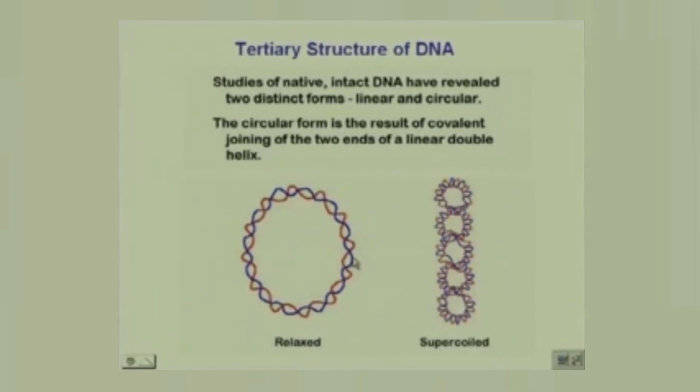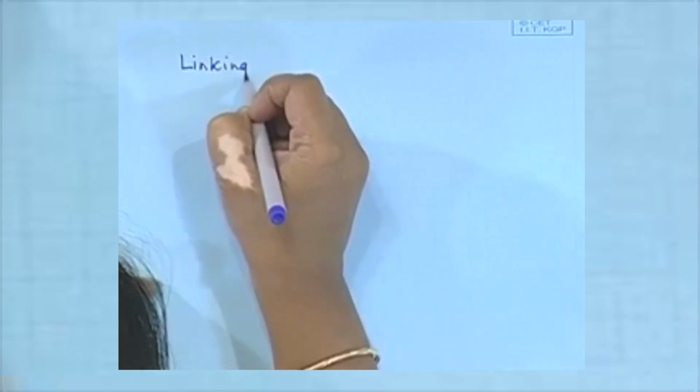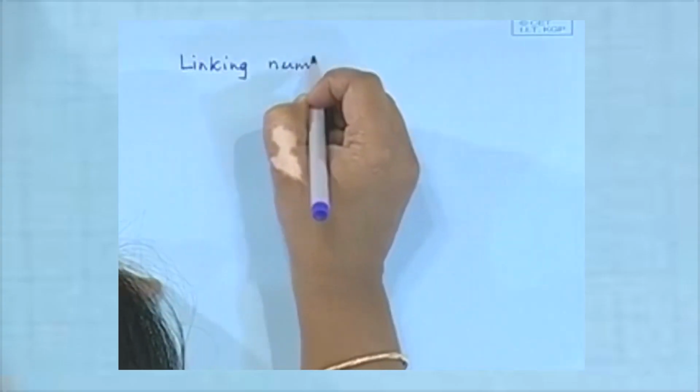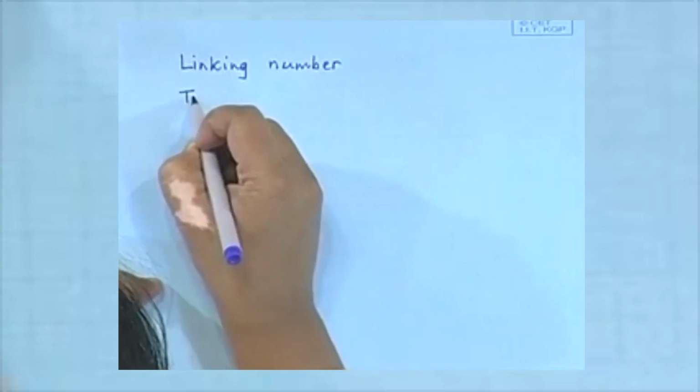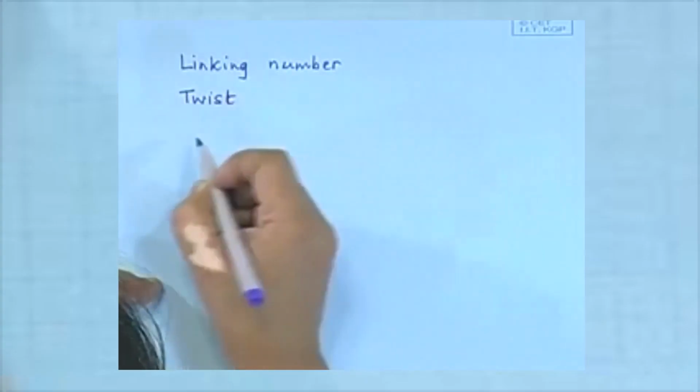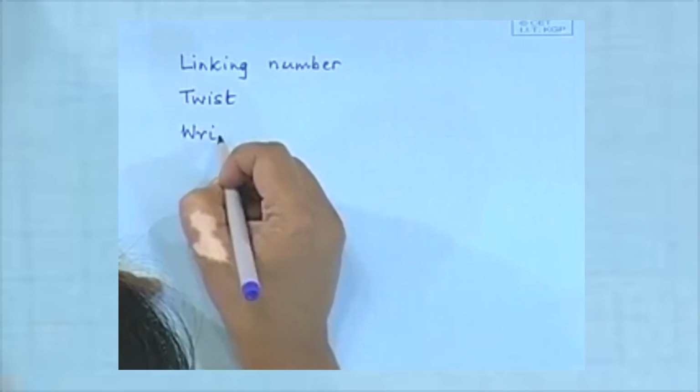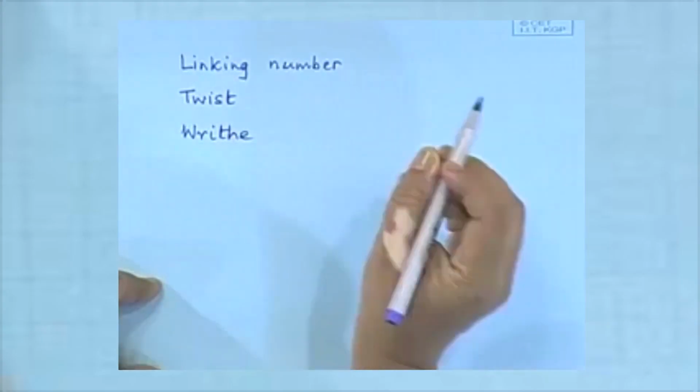This is the tertiary structure of DNA. We have a relaxed form and we have a supercoiled form. Now, in the supercoiled form, there are certain terminologies that are used, something that you just probably need to know: we have a linking number, we have a twist, and we have what is called a writhe.